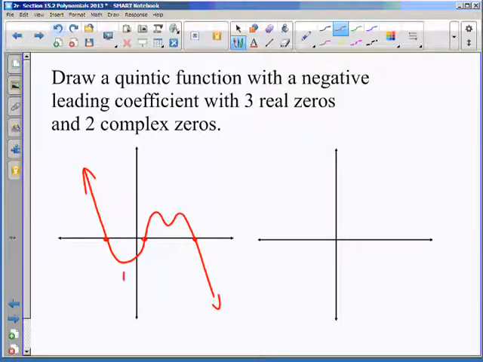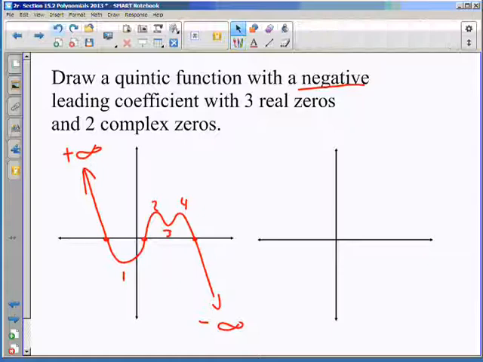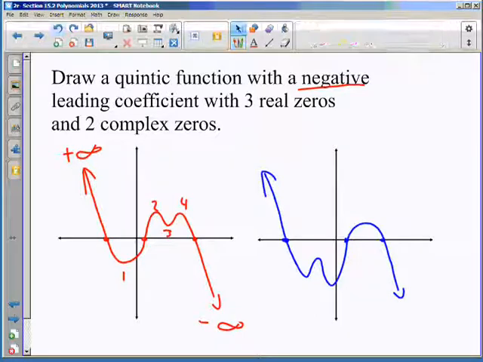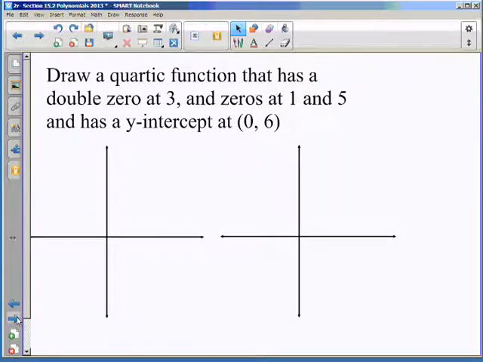And you see there are 1, 2, 3, 4 obvious critical points, they're turning points, but only 3 real zeros. And the fact that it's negative means it starts up at positive infinity for y and ends down at negative infinity. Now there's an infinite amount of answers. Give myself some space between the first 2 real zeros, show a squiggle in there, and then something like this. But it must start up at positive infinity on the left and end on the right at negative infinity.